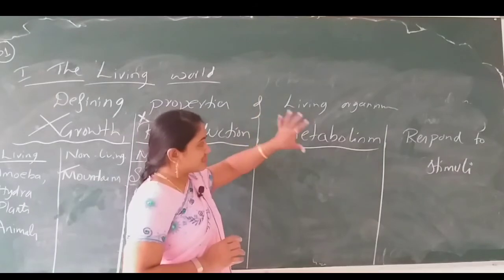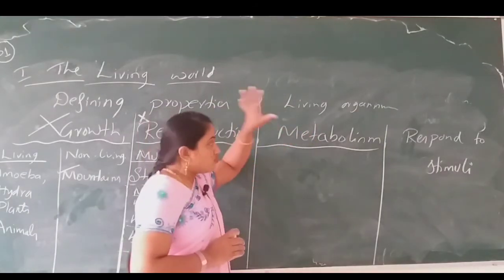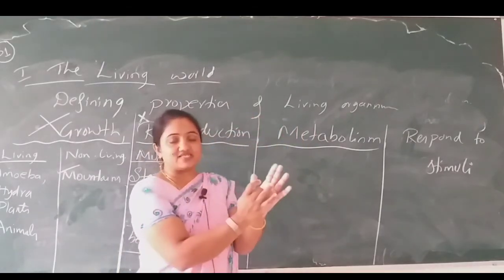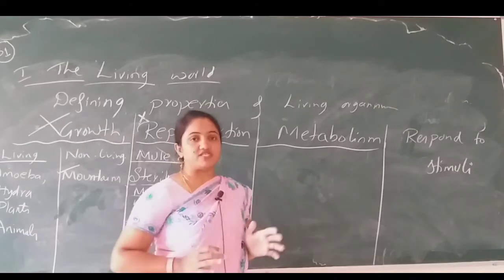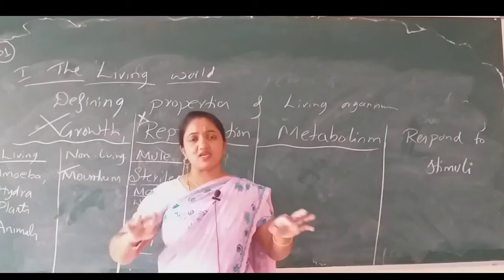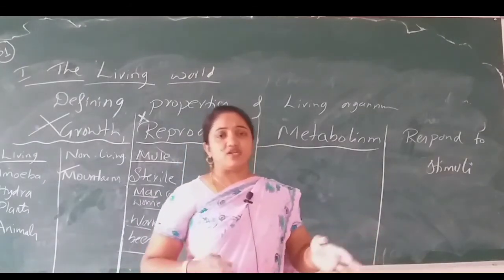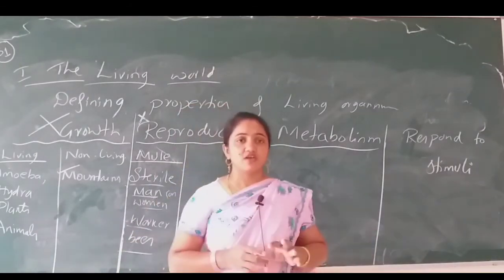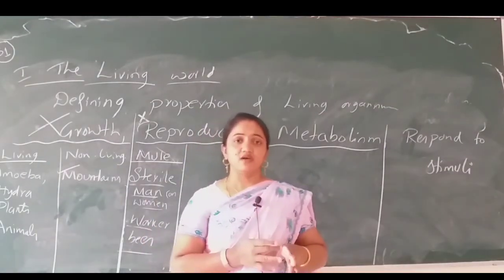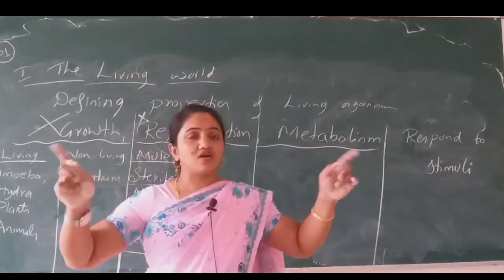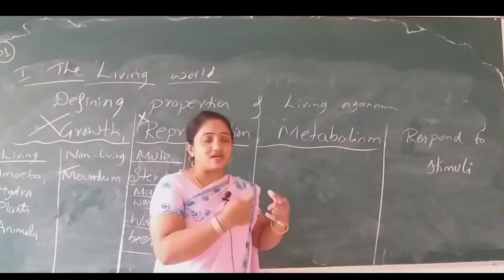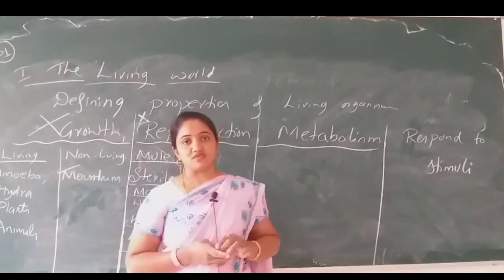But here just understand this concept: metabolism takes place only inside the cell, in living things. In chemistry, under laboratory conditions, we can do a number of reactions, we can conduct a number of exothermic reactions, but those do not come under metabolism.